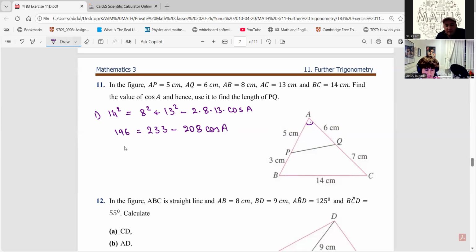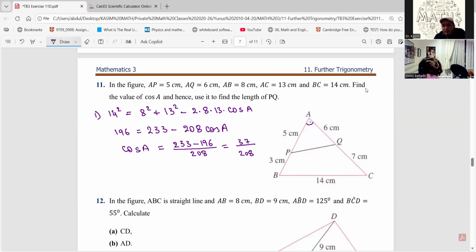Now from this equation, can you tell me what is cosine of A? Cosine of A is equal to 233 minus 196 over 208, which gives you 37 over 208.